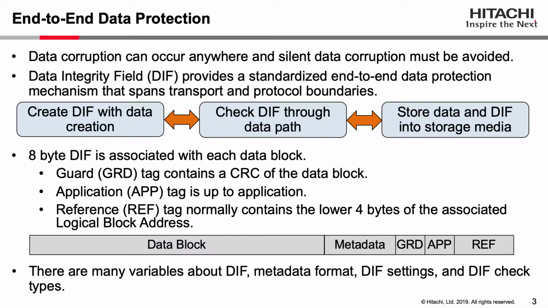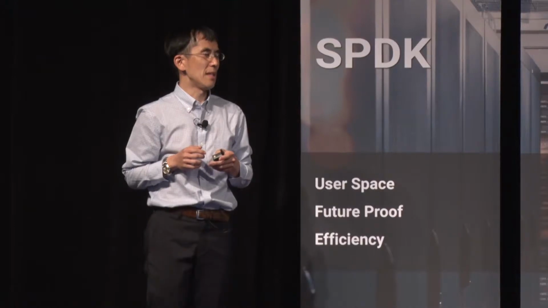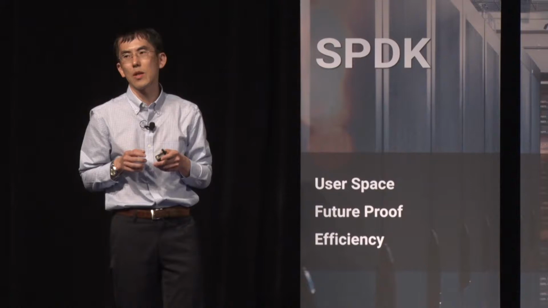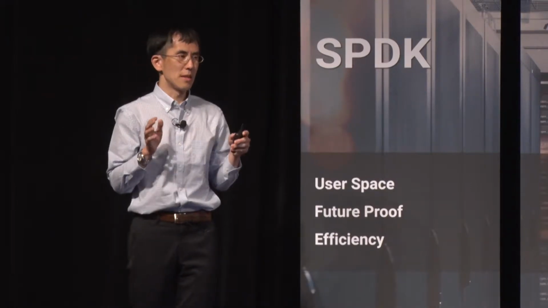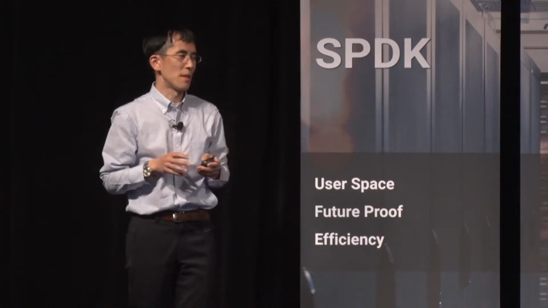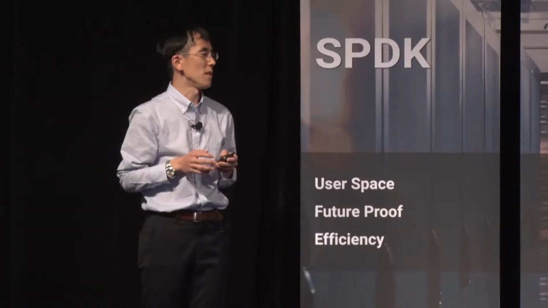For hosts that are aware of DIF, for example enterprise databases or enterprise file systems, HBAs pass data with DIF for read or write I/O. If SPDK can support these features without specialized hardware, users will have more options. So users can choose hardware or software depending on their own needs.